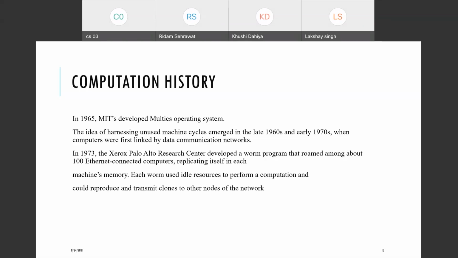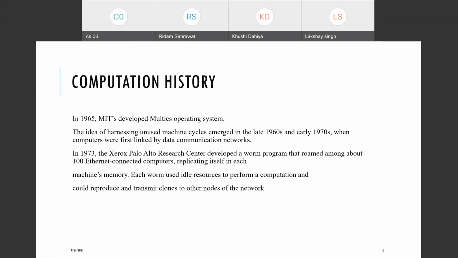Next, in 73, a research center developed a program that is a worm. Can anyone tell me what a worm is, beta? If I'm talking about the worm, what does that mean? Beta, have you heard about the worm virus, malwares?